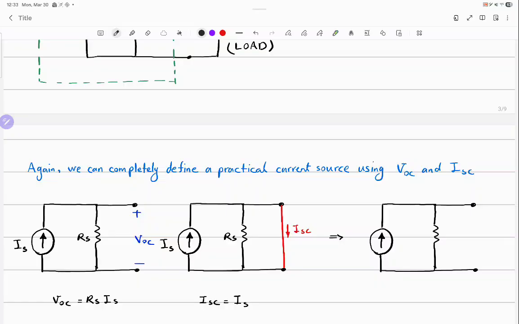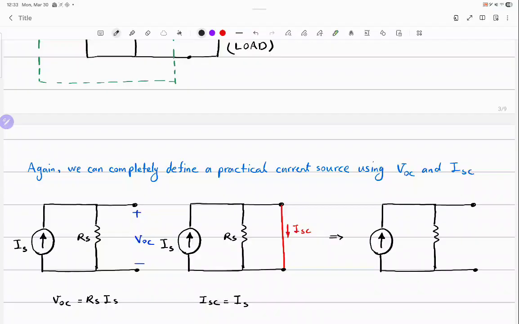Ohm's law. The open circuit voltage should be the current that's passing completely inside the source through the RS. Nothing comes out. Is that obvious why? The subscript is screaming: open circuit. It means that it's not connected anywhere. So all the current will pass through the internal resistor and it will be RS times IS.